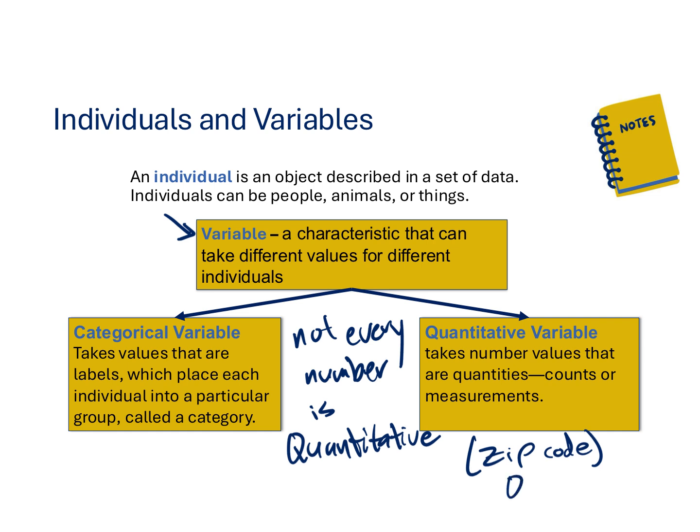So my zip code is 06260 because I live in Putnam. That is a category for me. It tells me which category, which city I fall into. It doesn't really quantify where I live. So think about it that way. Is it a quantity? Is it quantifying something, or is it categorizing something?